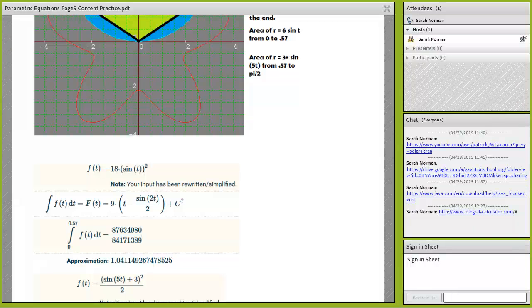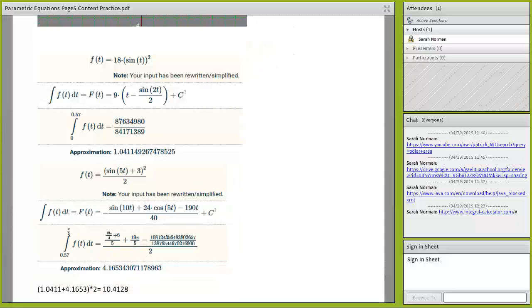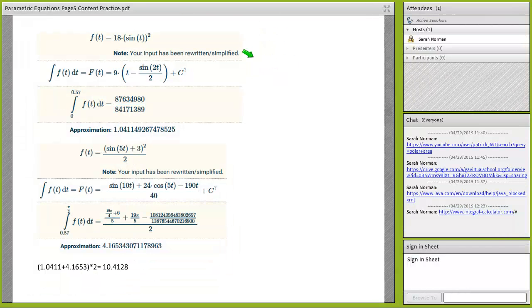Now I also need to do the next one, which is up here. Take a look: the area of r equals sine of 5t from 0.57 to pi over 2. Panning down, there it is. Sorry, I really should have a line in between these two because when I copied and pasted, these are two separate problems. This was our approximation of one, and here's our final answer for the approximation of the other.